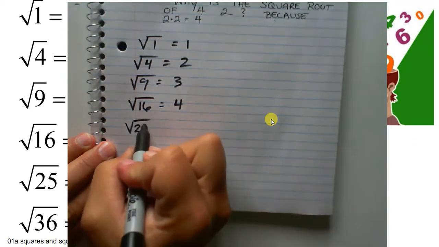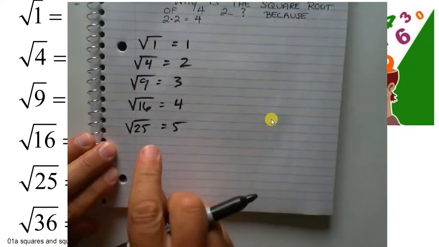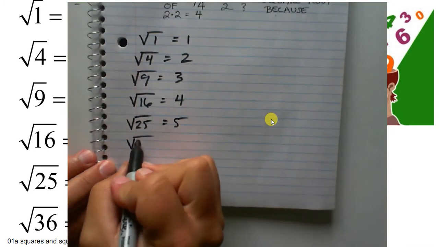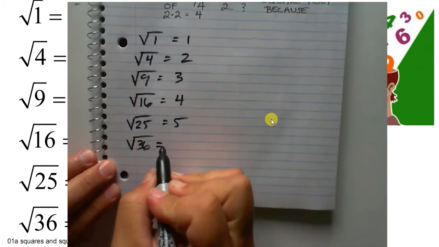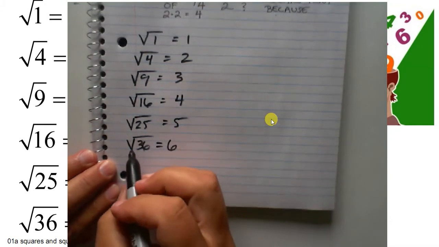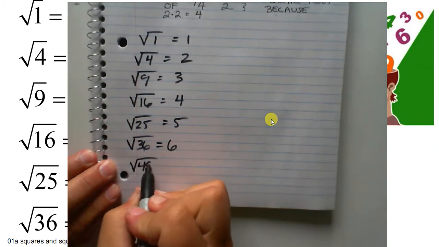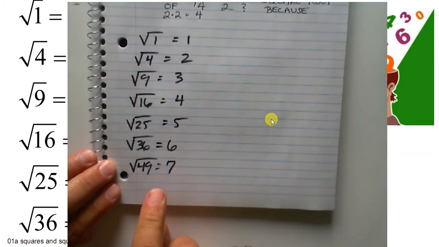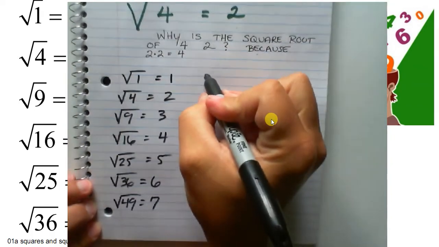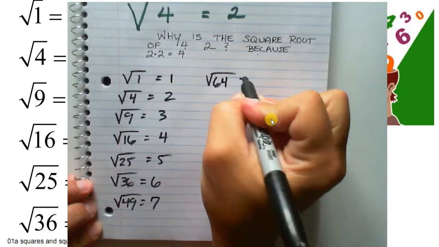The square root of 25 equals 5. Why? Because 5 times 5 equals 25. The square root of 36 equals 6. Why? Because 6 times 6 equals 36. The square root of 49 equals 7. Why? Because 7 times 7 equals 49. The square root of 64 equals 8.